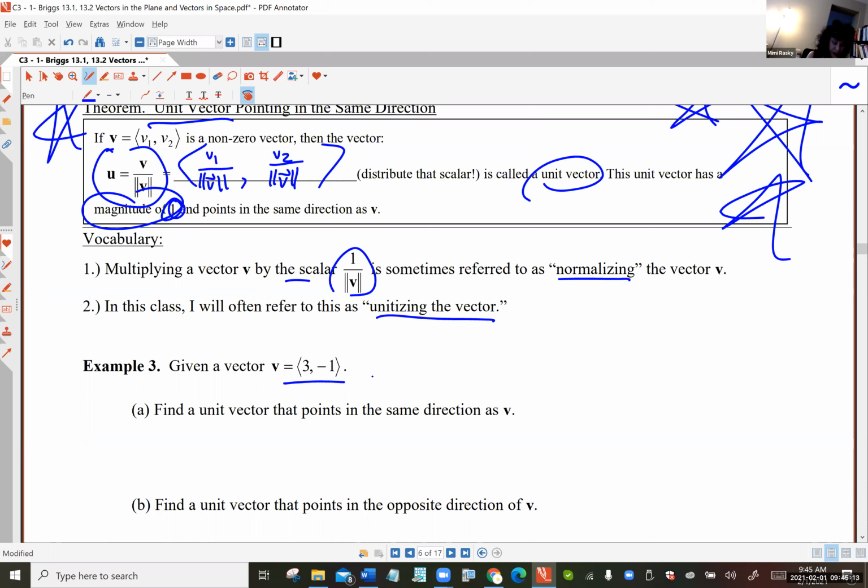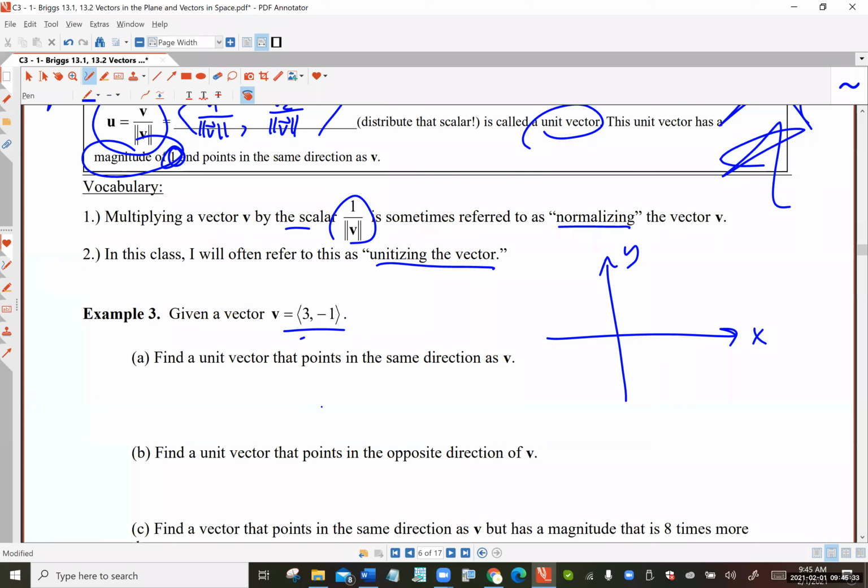Okay, so here's a vector 3, -1. We're going to do some stuff to it. Before we do anything to it, even though they're not asking me, let's just sketch it so I can reiterate how you sketch a vector that's given to you in component form. How would you sketch the vector 3, -1? Start at the origin and then plot the point.